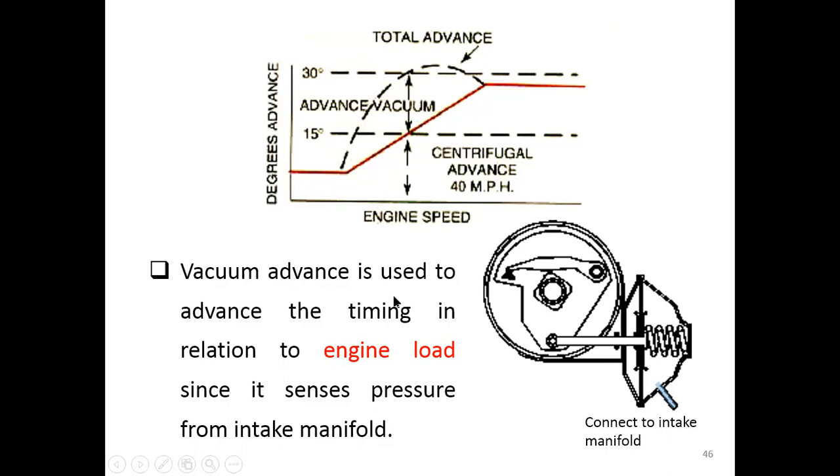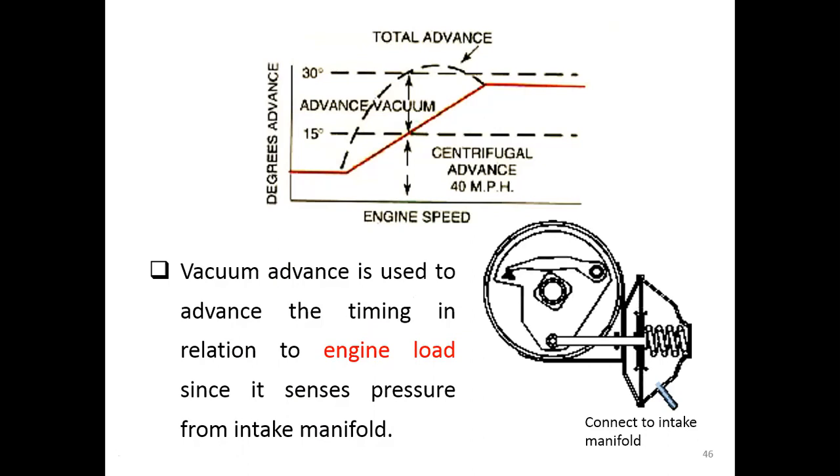So the vacuum advance is used to advance the timing in relation to the engine load, because it senses the pressure from the intake manifold. The centrifugal advance mechanism senses the engine speed.